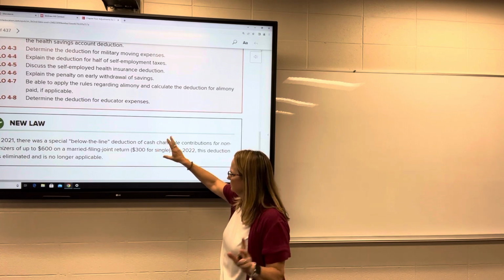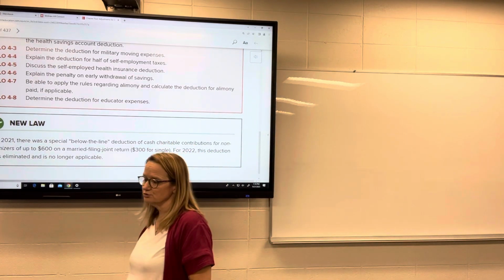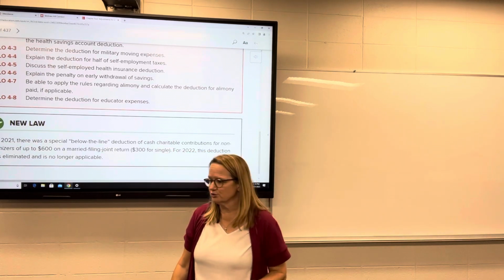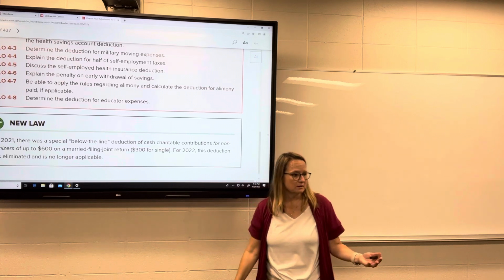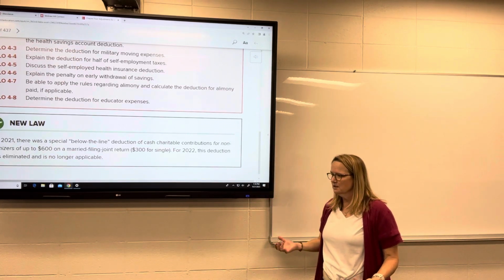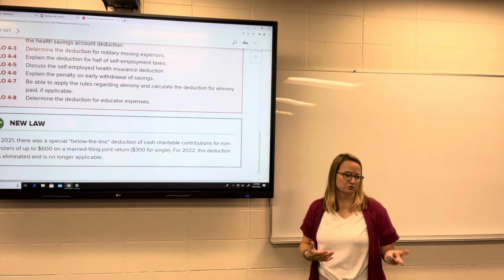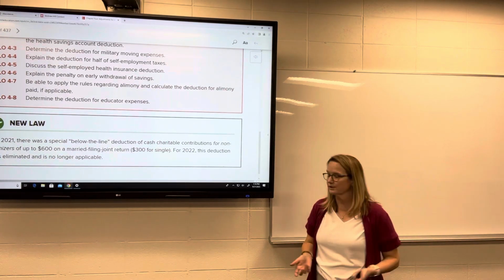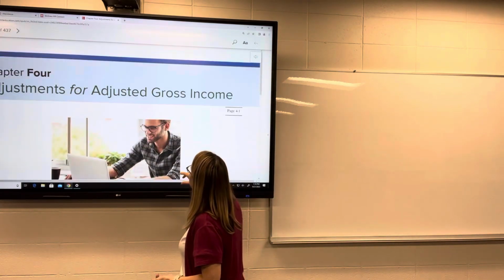They called it a below the line deduction for charitable contributions up to $600 for married filing jointly, $300 for single individuals. It no longer applies. That was kind of a COVID piece to encourage people to contribute to charities during COVID. So they have eliminated that.